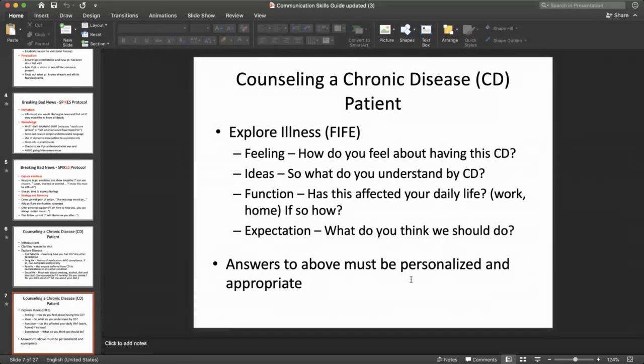Know that the answers to the above must be personalized and appropriate, so that you don't give advice in a general sense, but rather specific to the patient. So if it is that the patient has some loss of function, as it relates to, let's say, their ability to walk long distances, you would want to be able to find out the reason for not being able to walk long distances.